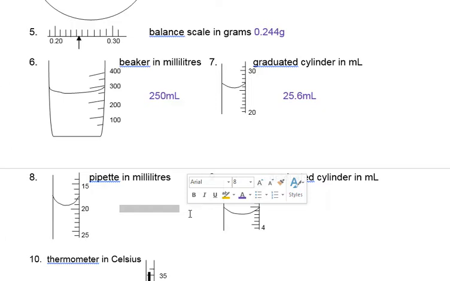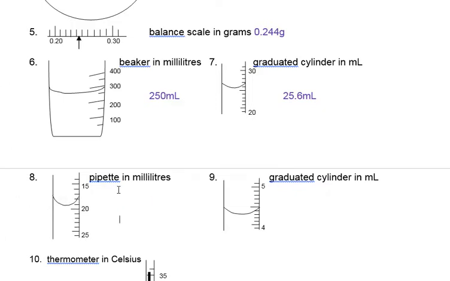The pipette and the graduated cylinder are kind of similar here in terms of how we would estimate that one. So this one is between 20, be careful with the pipette, it's upside down, right? So it's between 19 and 20, so I would be estimating that somewhere around 19.2.